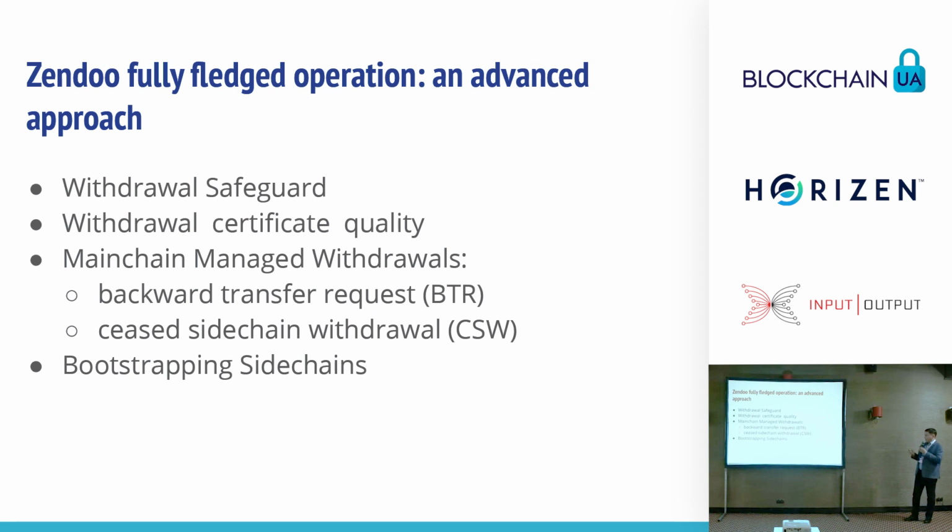And we have two extra types of main chain withdrawals. We call them main chain managed withdrawals: backward transfer request and ceased sidechain withdrawal. What does it mean? If there is a malicious majority in the sidechain, if there is some censorship attack and so on, and withdrawal transactions, backward transfers, are not processed in the sidechain, then a user in the main chain can initiate a backward transfer request.